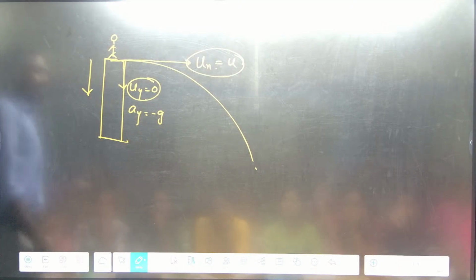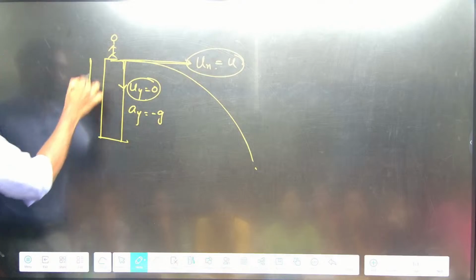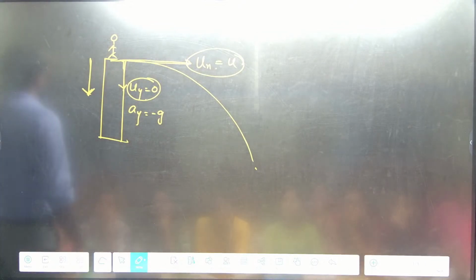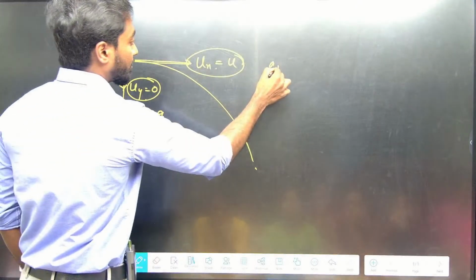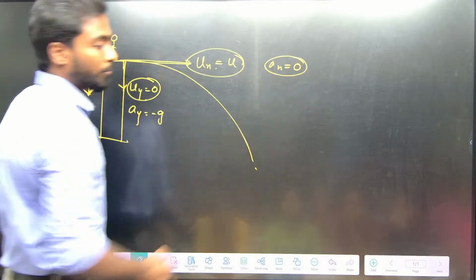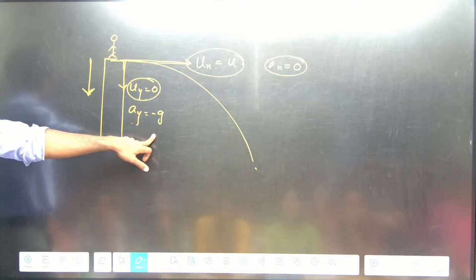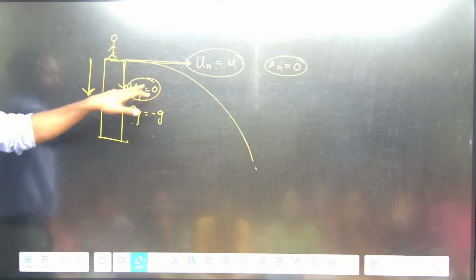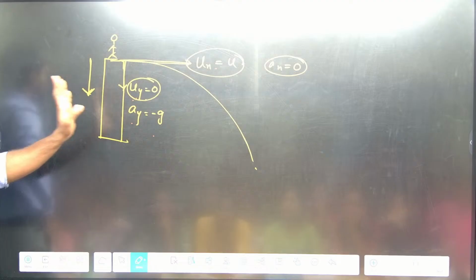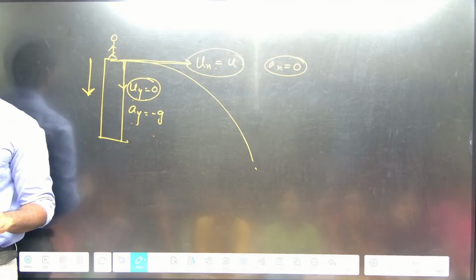This direction is positive, this is my negative direction. So what about ax? 0. ax will be 0, ay will be minus g, ux will be u, uy will be 0. Any doubts here?